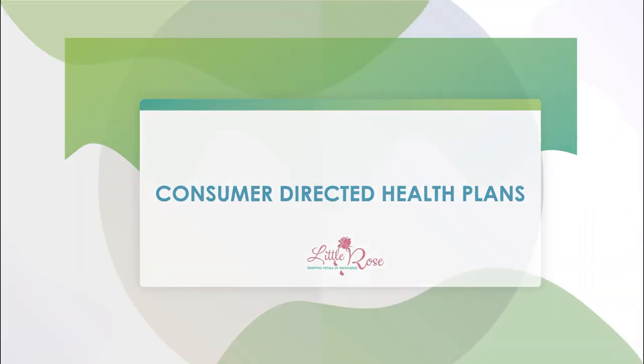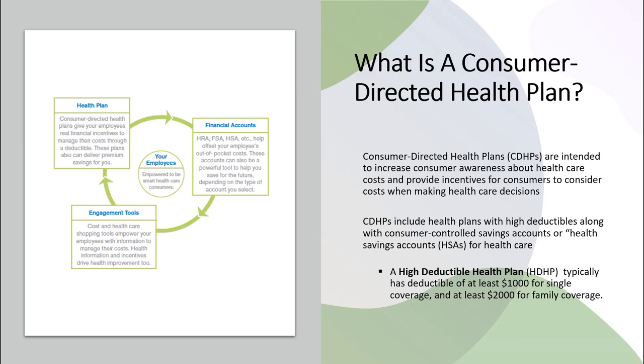Consumer-directed health plans. What is a consumer-directed health plan? Consumer-directed health plans, CDHPs, are intended to increase consumer awareness about healthcare costs and provide incentives for consumers to consider costs when they're making their healthcare decisions. CDHPs include health plans with high deductibles along with consumer-controlled savings accounts or health savings accounts, HSAs, for healthcare.